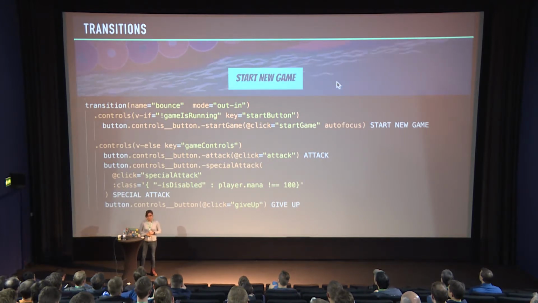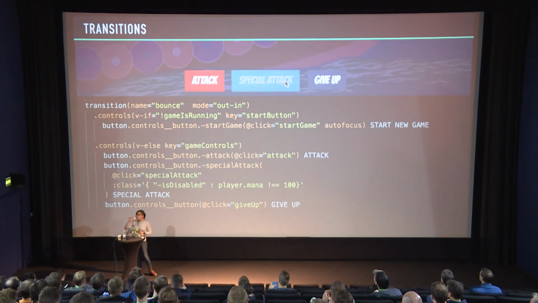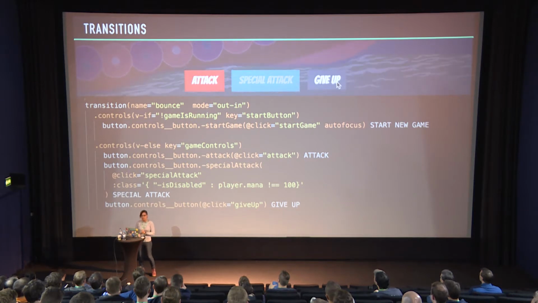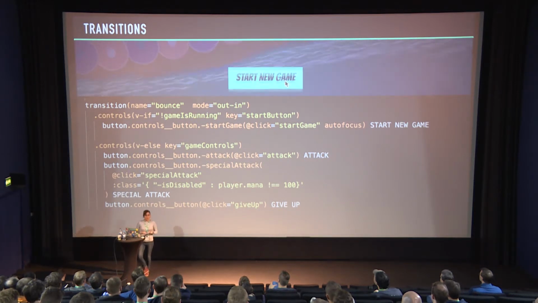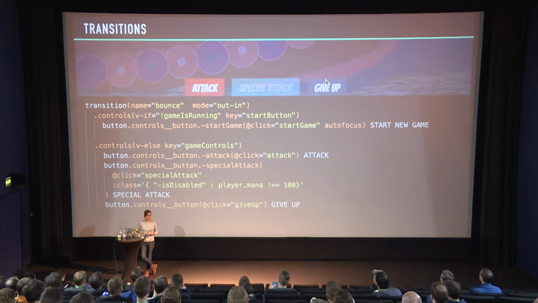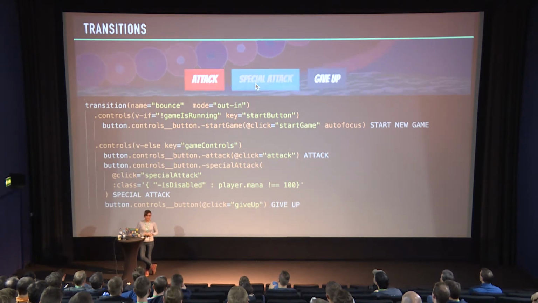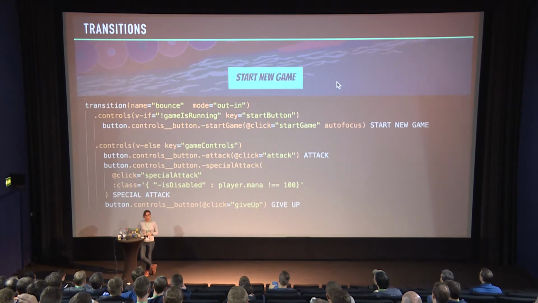Cool. And now we have transition tags. This is actually a really cool feature that just comes by default with Vue. It basically allows you to automatically apply CSS classes, or you can pass the element to JavaScript hooks so that you can animate it.